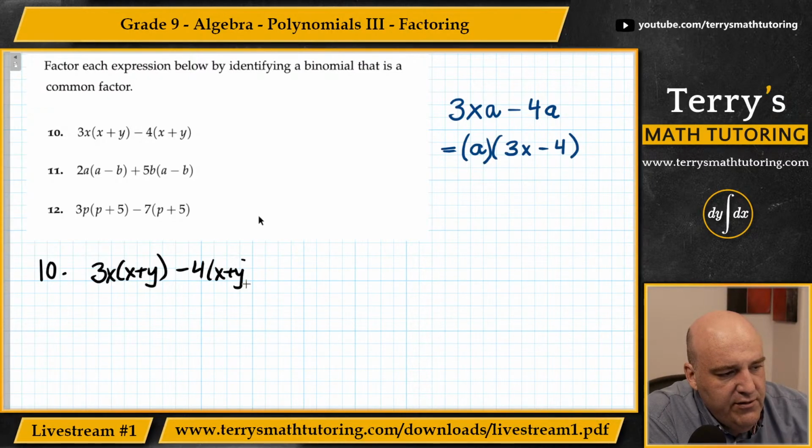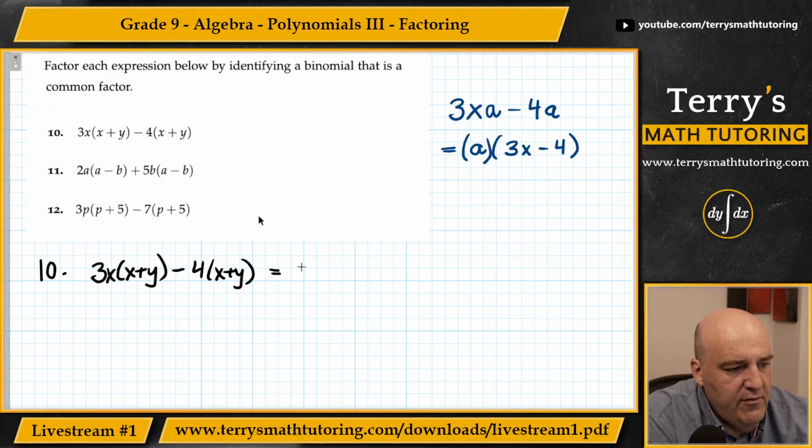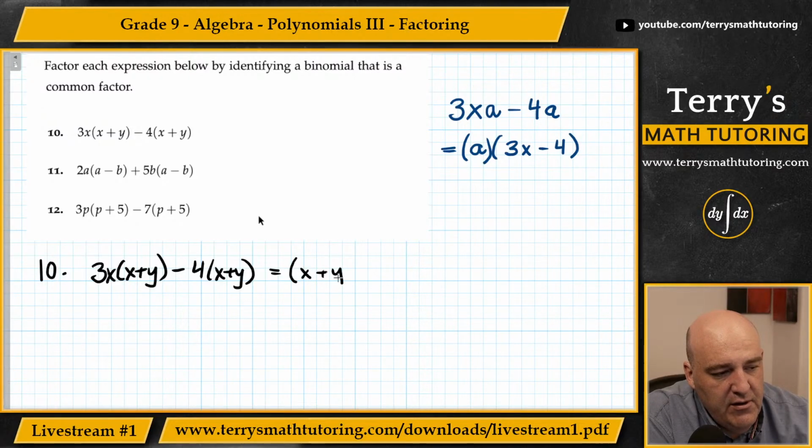So for number 10 here, there's 2 terms. This is the first term. This is the second term. And they're separated by a minus sign. And we can identify that x plus y is common, just as a was common here. And we can factor that to the front. Here I didn't need to put brackets around the a, but here I really do need to put brackets around the x plus y.